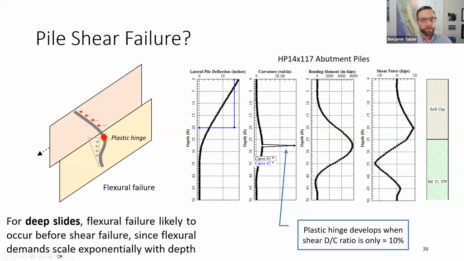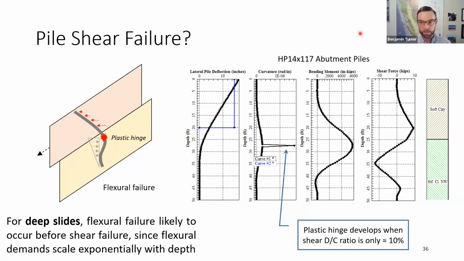so let's dive into this a little bit more, and also get a snapshot of the analysis that is required to understand which type of failure mechanism controls. You see here a series of plots that are the output from, in this case, LPile, although this could be done with any p-y method software that allows simulation of relative displacement between the ground and the pile.